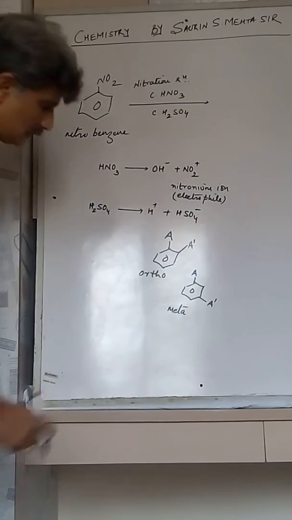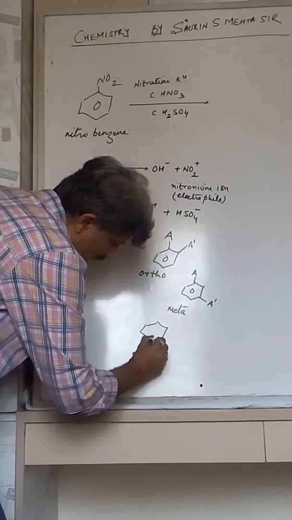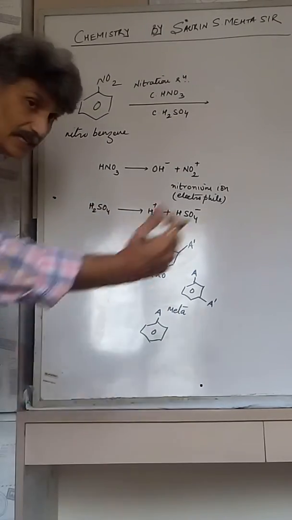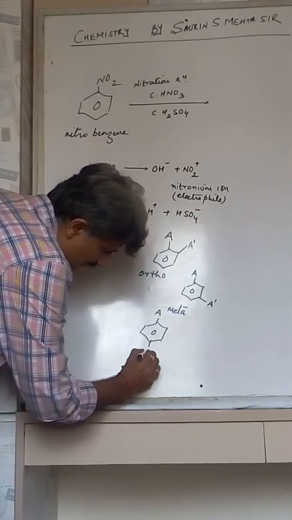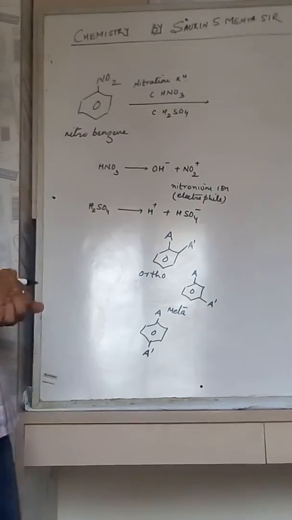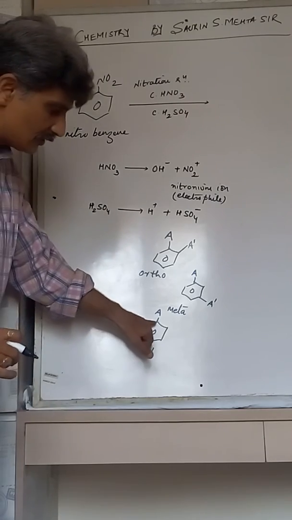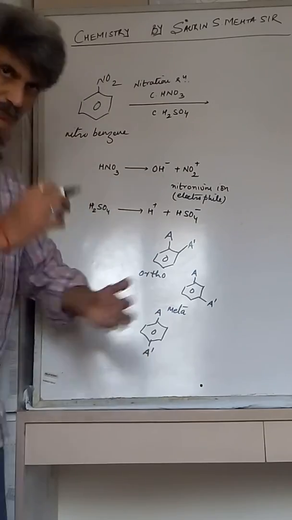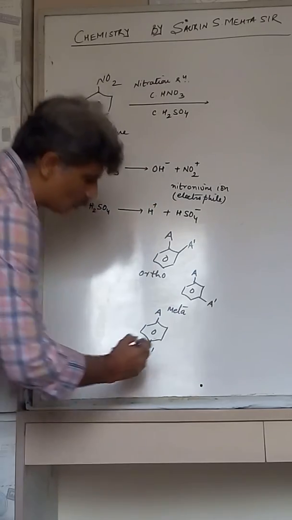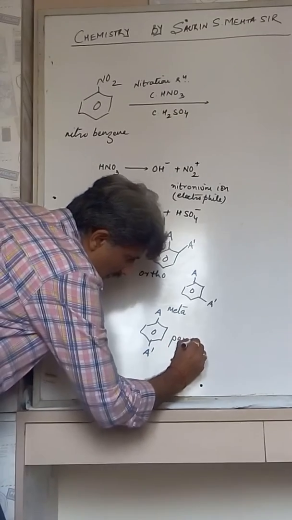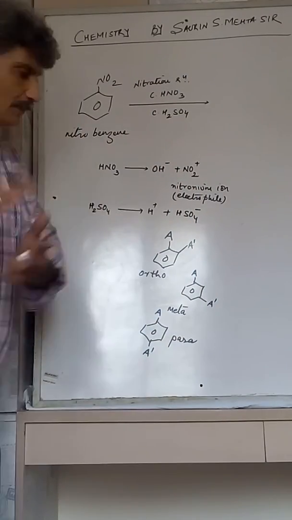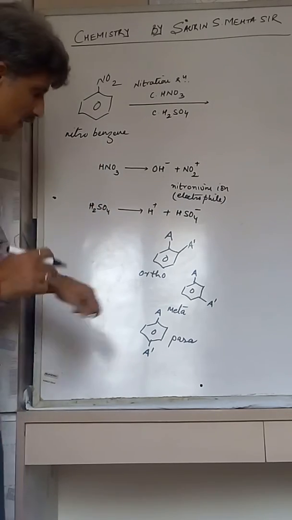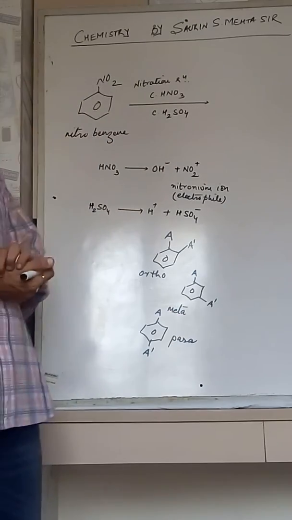And if with respect to the existing group A, the incoming group is placed exactly on the opposite carbon atom, you can say it is the fourth carbon if this is the first, second, third, fourth, or first, second, third, fourth, both ways it is the fourth carbon or opposite carbon, then that position is named as para. So we have three positions for the group to get into the ring: ortho, meta and para.